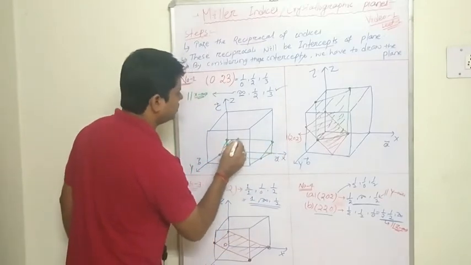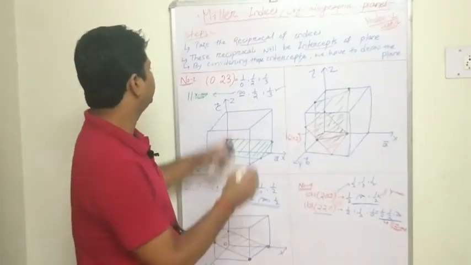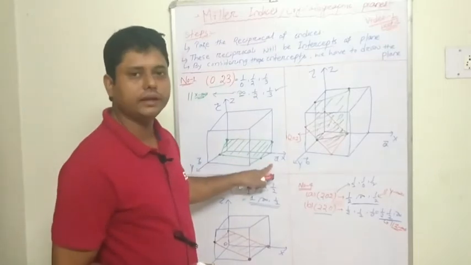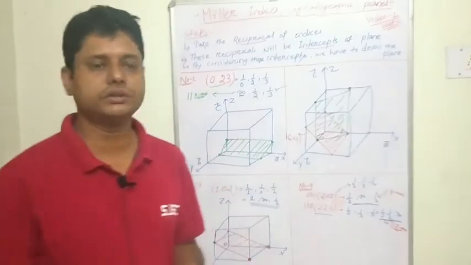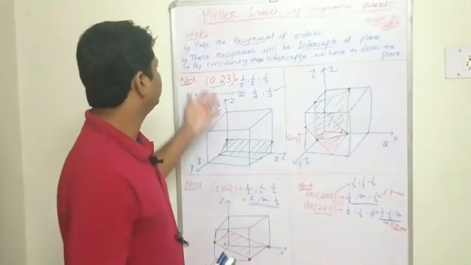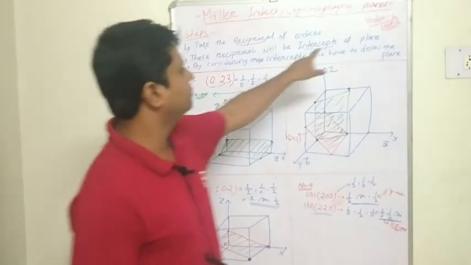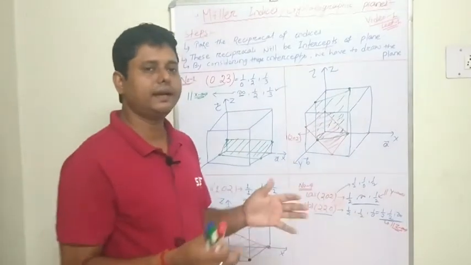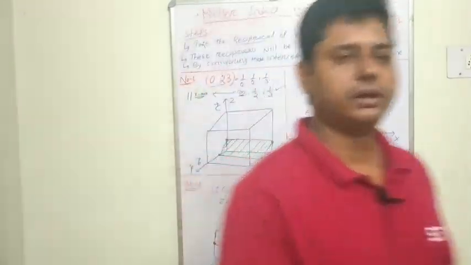This is nothing but our required plane having the Miller indices 0, 2, 3, which is parallel to the x-axis. So here we have discussed the questions where we have to draw the planes from the Miller indices. And also in video number 1, I have given some planes for which you have to find the Miller indices, that we will discuss now.